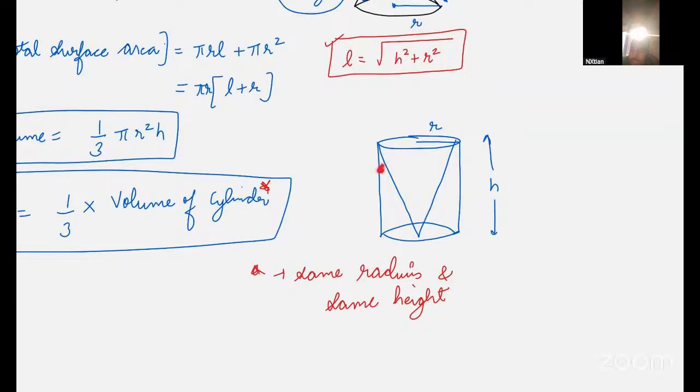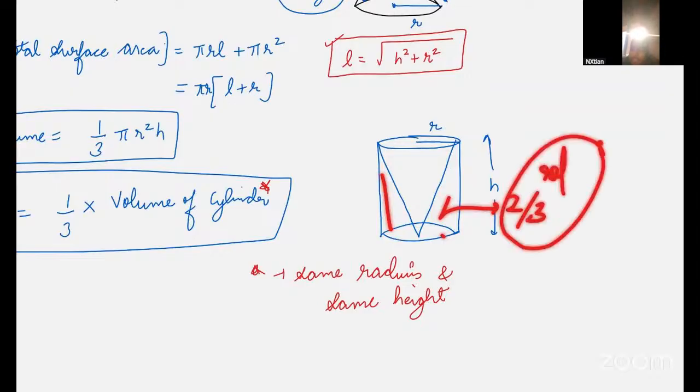So this is the uncovered part, no? This is basically 2/3. The part which is uncovered by the cone is the 2/3 part, because 1/3 is covered by the cone and 2/3 is uncovered. Oh, got it.